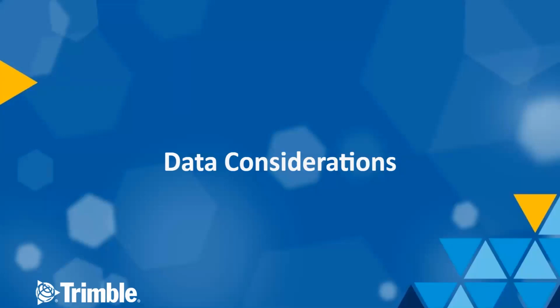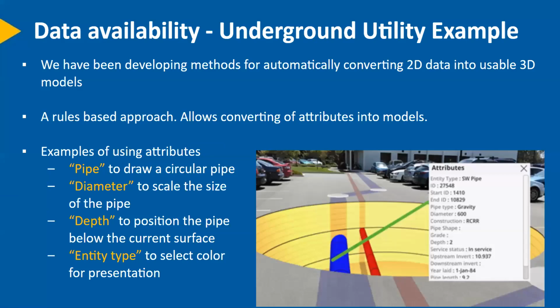Here's an example of the underground utilities, where what's in your GIS or what's in the design is likely a 2D line, which has vertices, and it might have some attributes. But how do you translate those attributes into a way that makes the visualized 3D model into something that is digestible by the user?